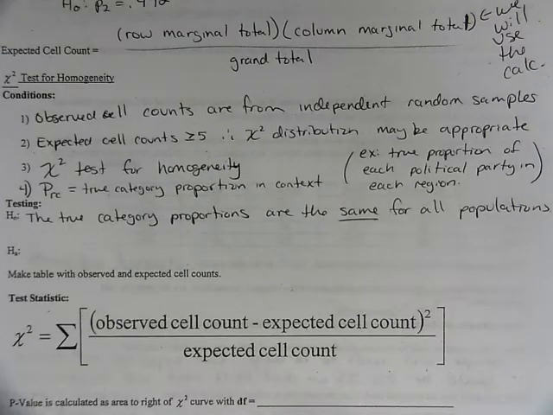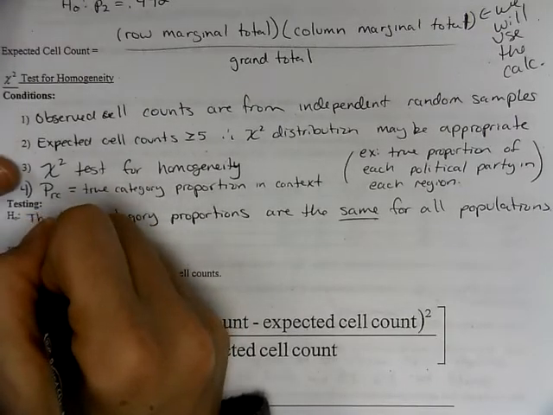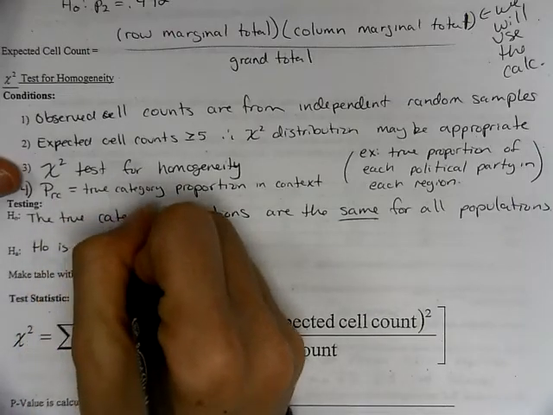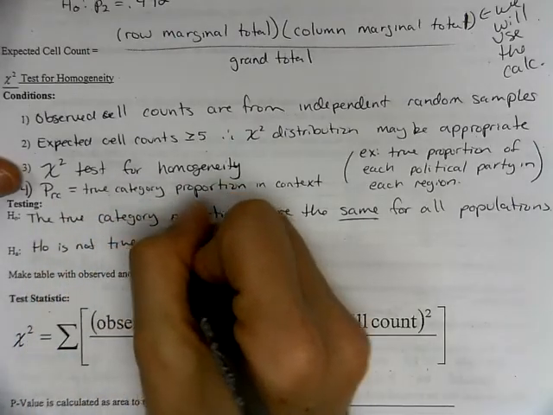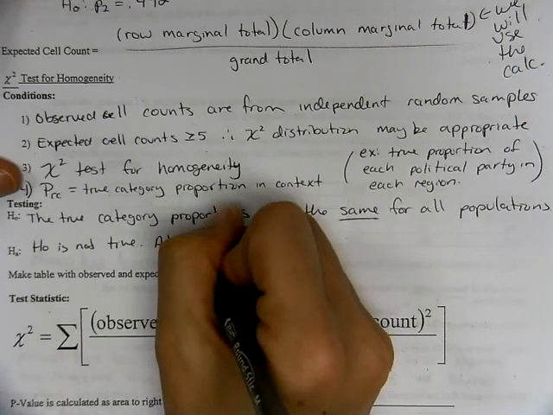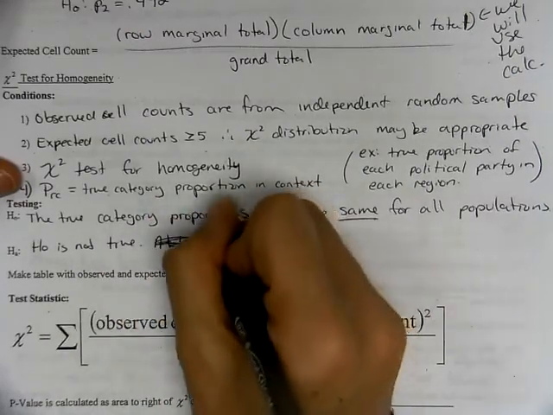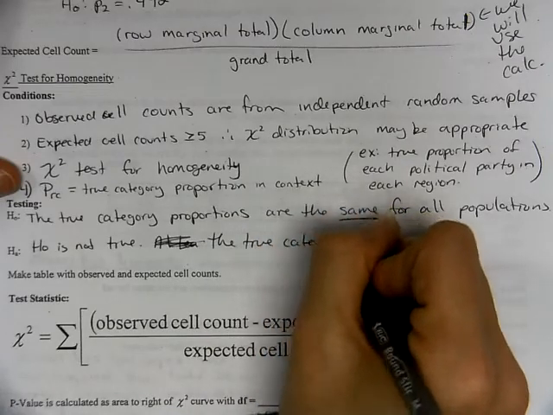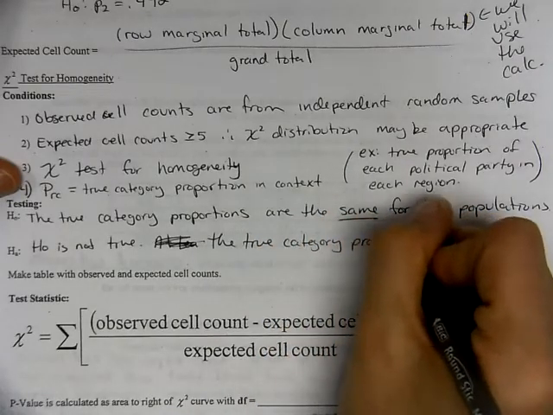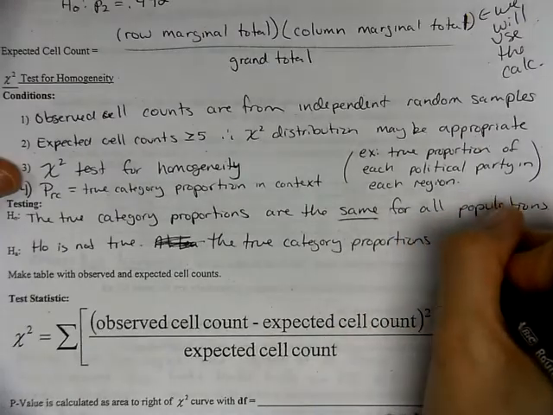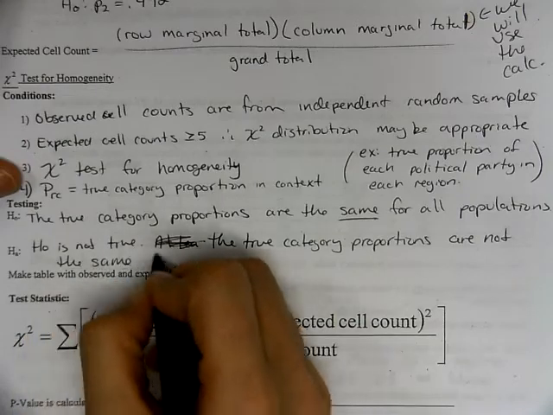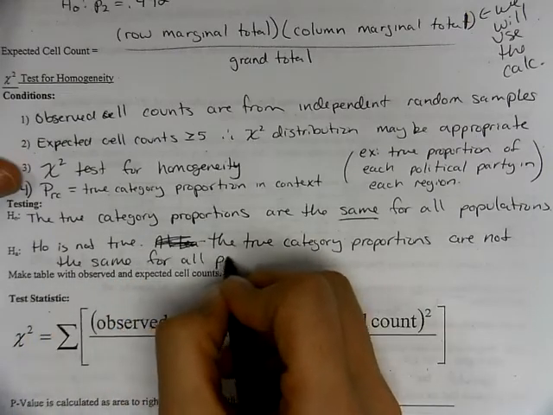The alternative hypothesis is just like yesterday. The Ho is not true. The true category proportions are not the same for all populations.